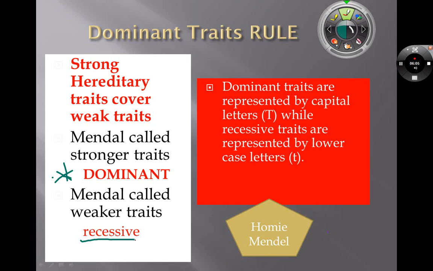You can also use the letters of the alphabet. If it's dominant, it's going to be a capital letter. If it's recessive, it's going to be a lowercase letter. So a capital T is dominant, and a lowercase t is recessive. That's how you could write what he just did.